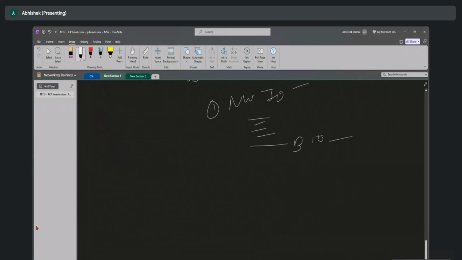So overall, for class A, the number of networks it can provide you is 126. Let's say these 126 networks are there. From these 126 networks, let's assume there is one specific network.